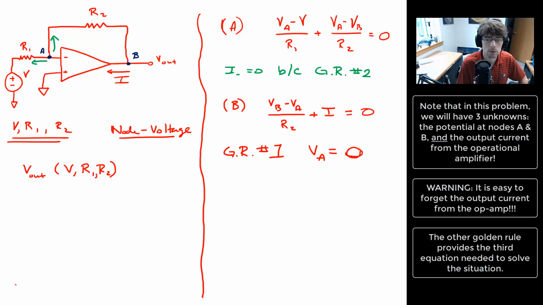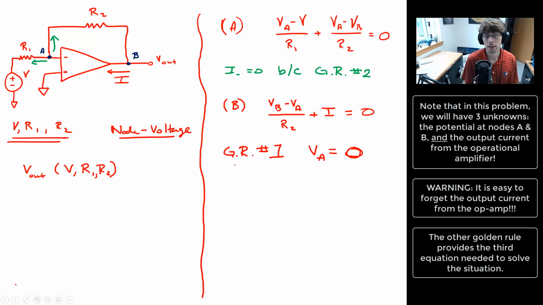Golden rule number 1 says that if we have a feedback loop, the operational amplifier will work to make sure that the potential of the non-inverting and inverting inputs are the same. My non-inverting input is grounded, potential 0. That must mean that the potential at the inverting input must also be equal to 0. Nice, right?